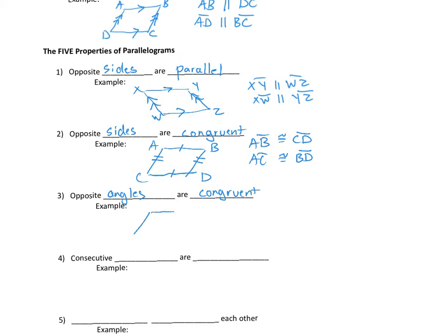So if I draw a parallelogram and I were to label the angles A, B, C, and D, angle A is congruent to angle D because they're opposite. Angle C is congruent to angle B.